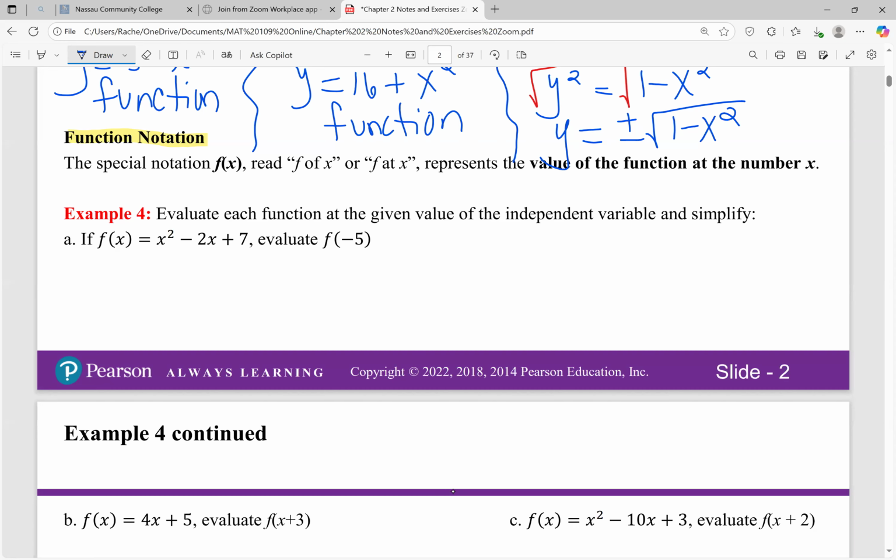So I also want you to write down y is equal to f of x. So in this case, f of negative 5, so I'm going to input this into my function, is going to be equal to, instead of x squared, I'm going to replace x with negative 5 squared minus 2 times x, but for x, I'm inputting negative 5, and then plus 7. And now we can evaluate that.